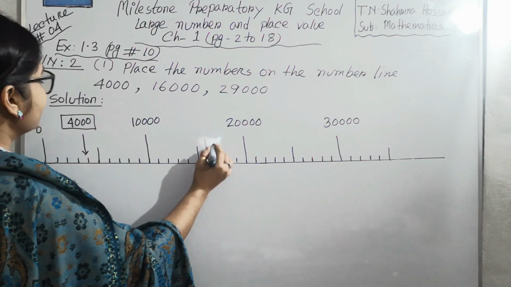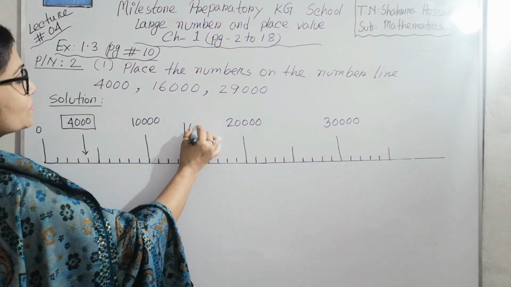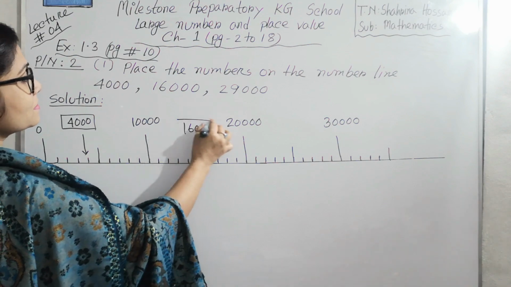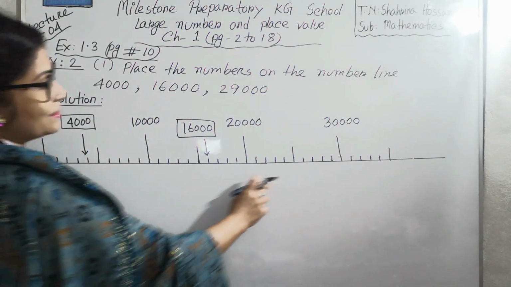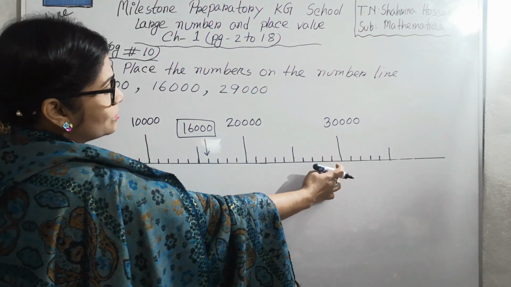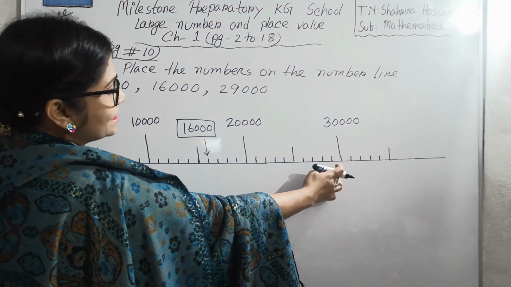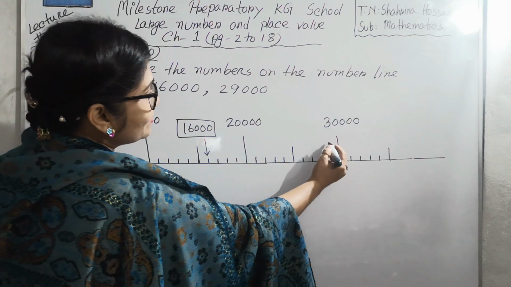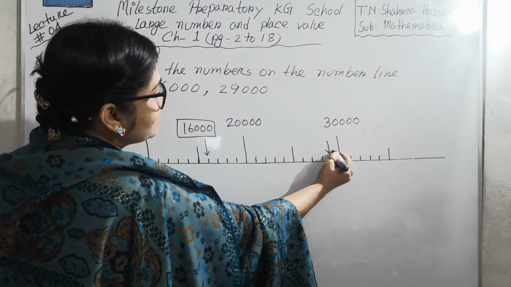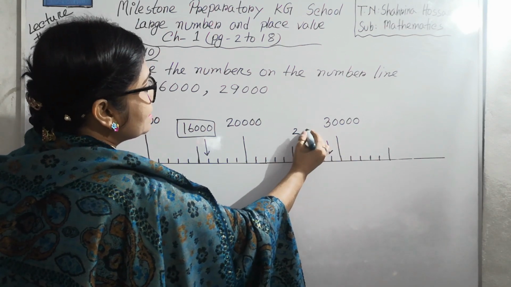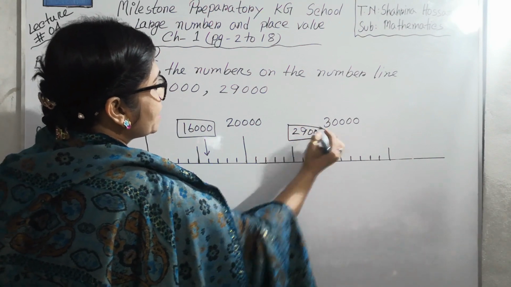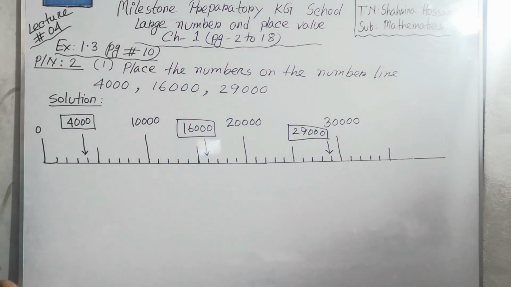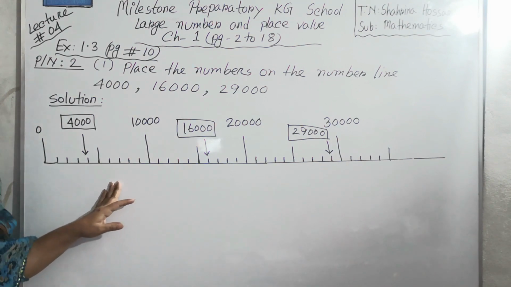So this number is 16,000. Here we already see there is 30,000. That means before 30,000 this number is 29,000. By this way we can put the given numbers on the number line.